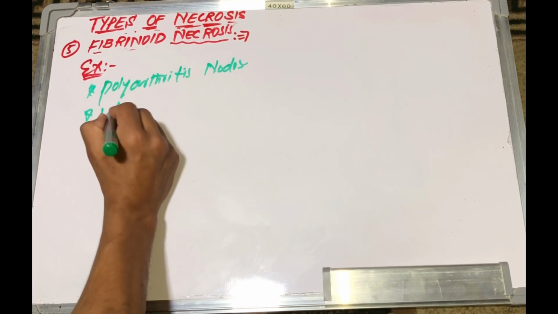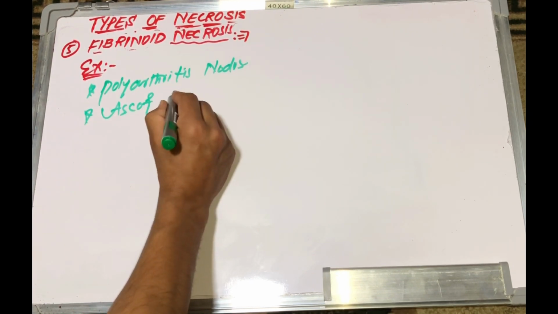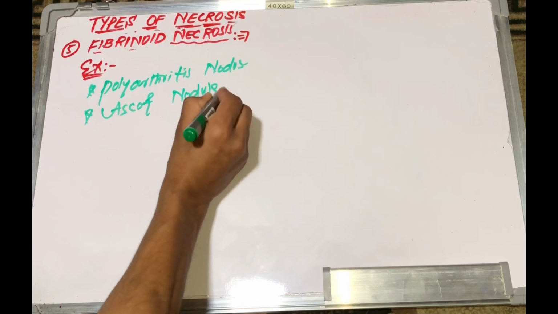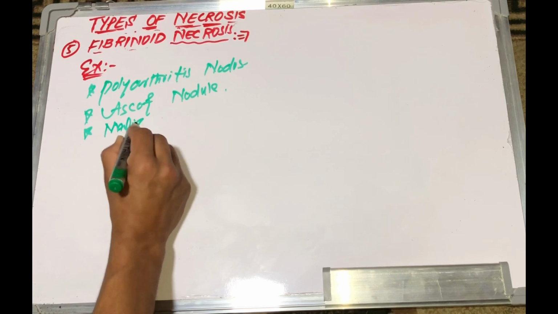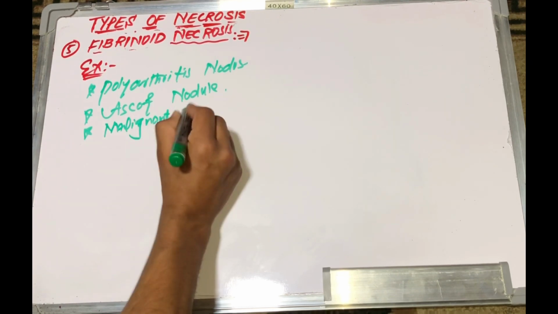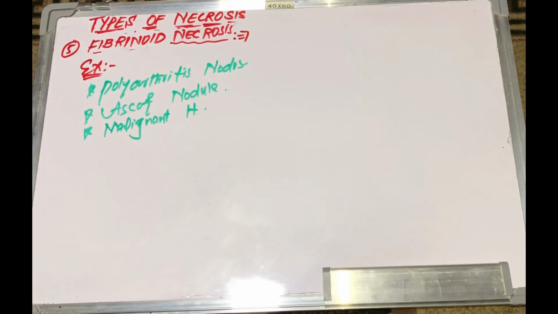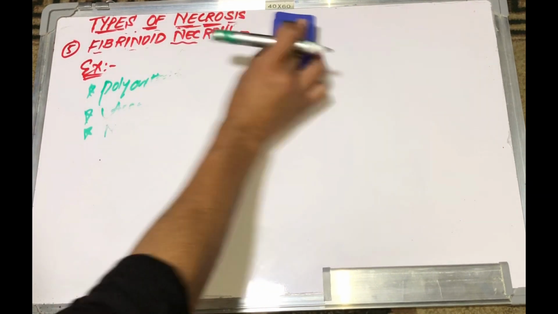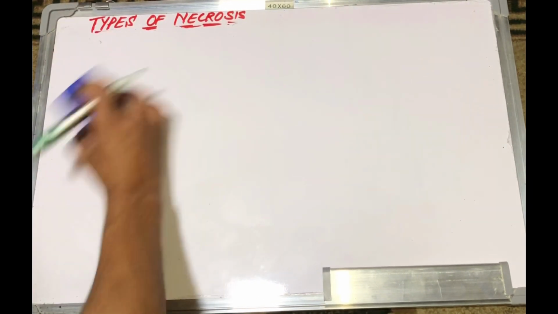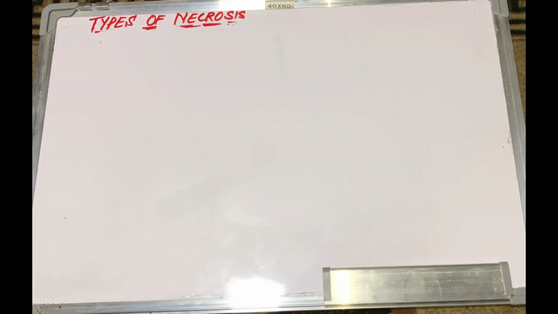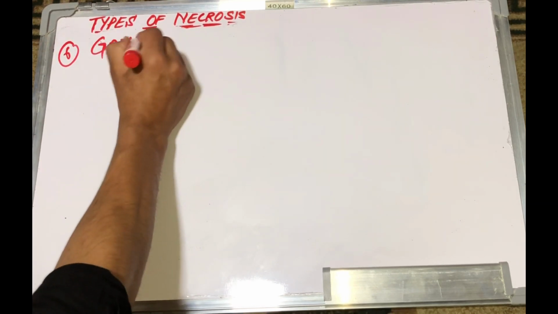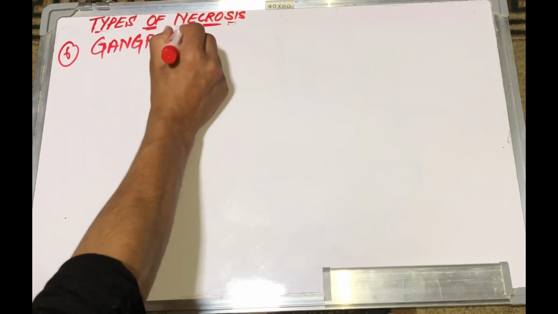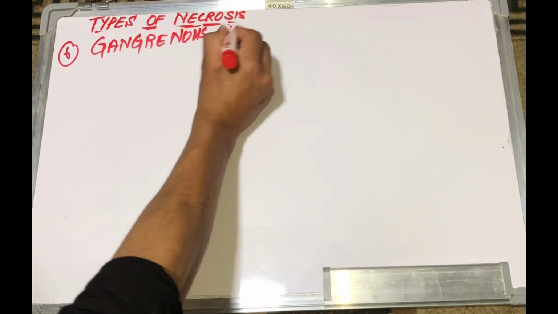It also occurs in a Aschoff nodule, and it may also occur, as we have discussed, in malignant hypertension. So this is all about fibrinoid necrosis. Till now we have discussed 5 types of necrosis. Now we come towards the last type of necrosis, and that is gangrenous necrosis.